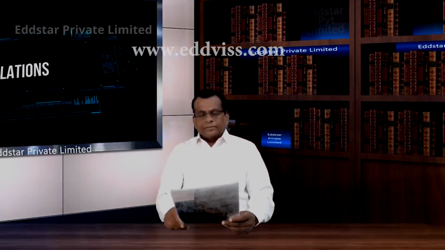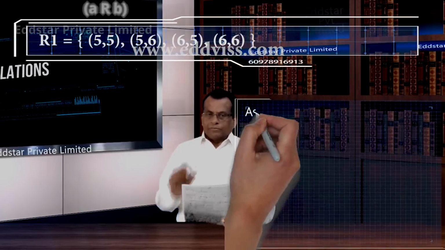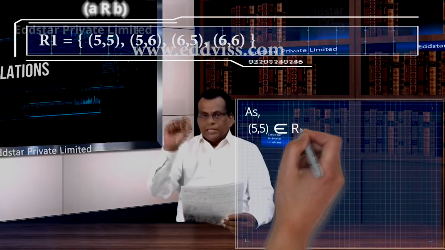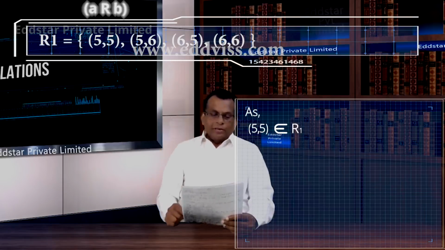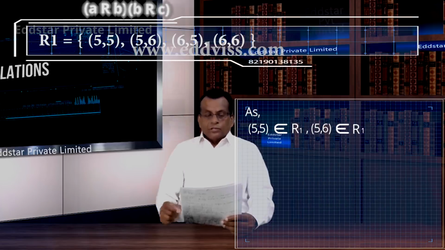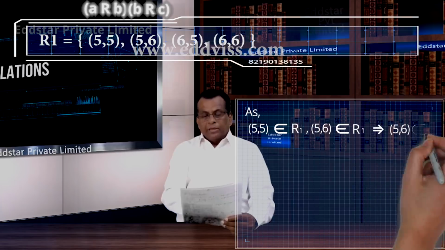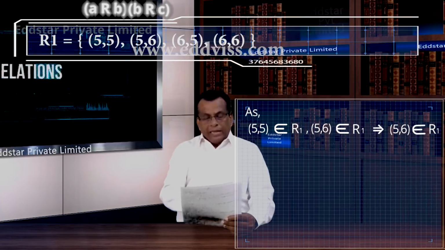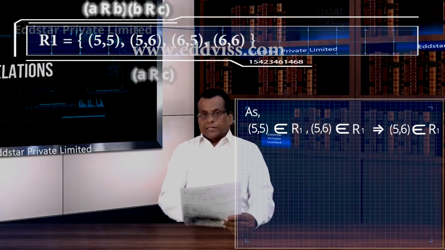Now let us study the first element (5,5). A related to B means A is 5, B is also 5. Then (5,6): B is 5, C is 6. So that means these two, (5,5), (5,6), that means (A,B), (B,C). Then (A,C), that is (5,6), should be present.